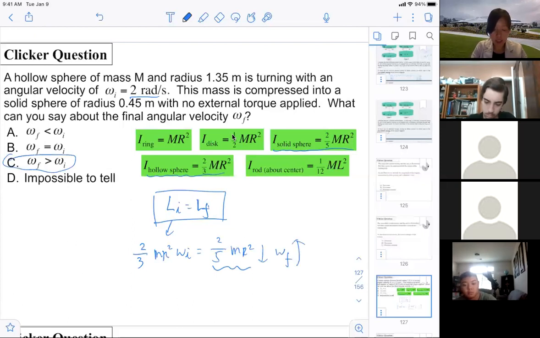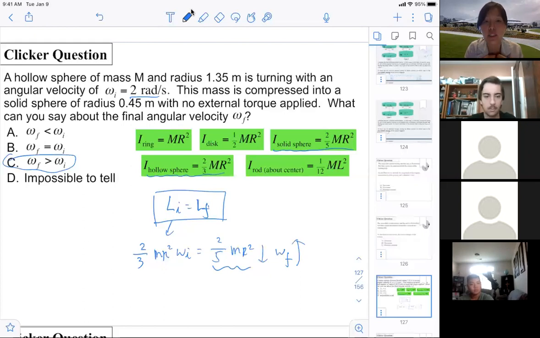So C is correct. But I hope that eventually, after doing a few of these different questions, you can group the similar questions in your head, thinking, oh, this is nothing different from what I saw about the ice skater bringing her arms closer, right? Bringing some of the masses closer to the center.